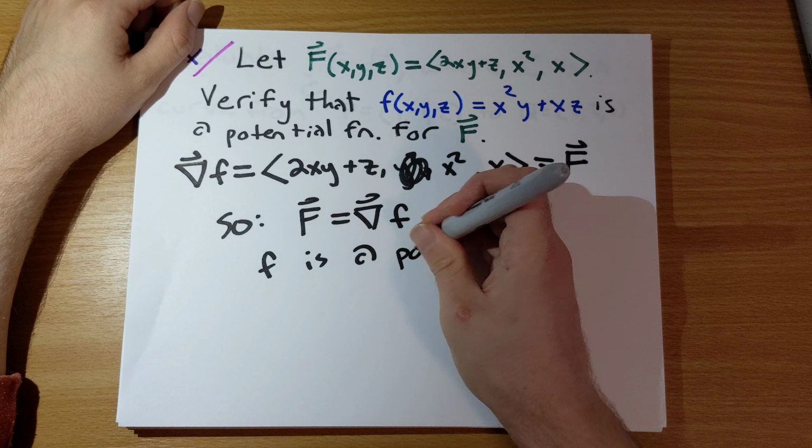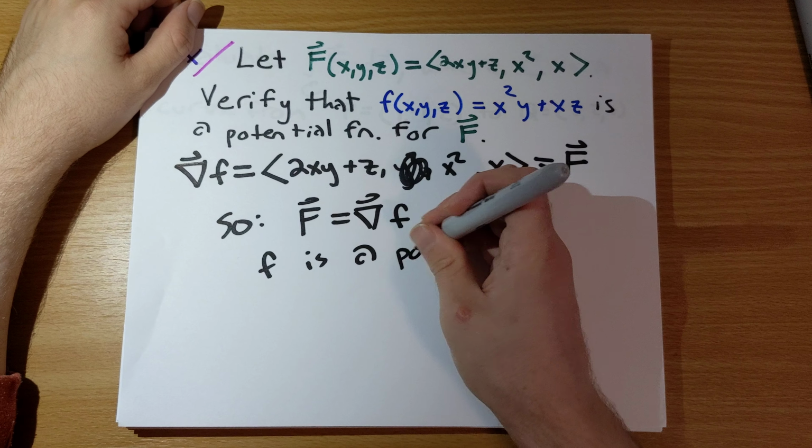If we add a constant on here, when we take the partial derivatives that constant would go away, so this would also be a potential function. There are many potential functions that differ by a constant.